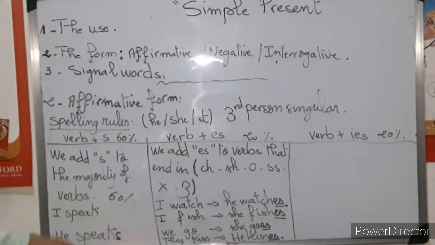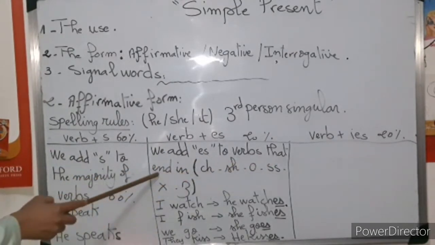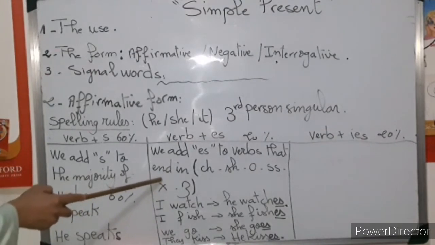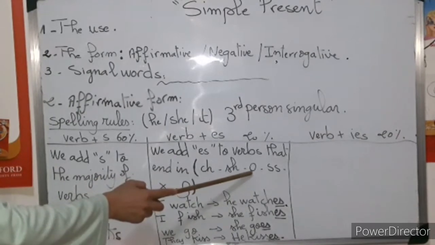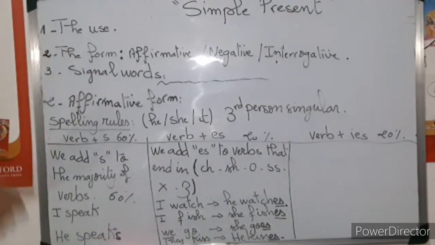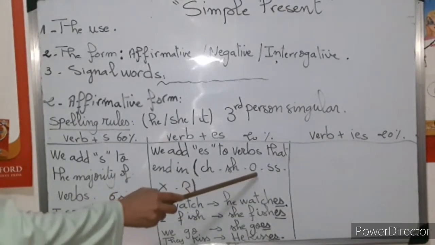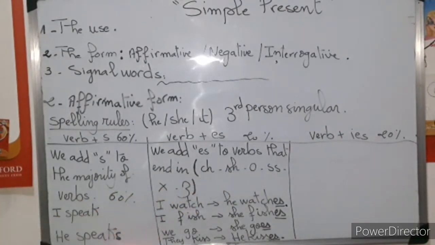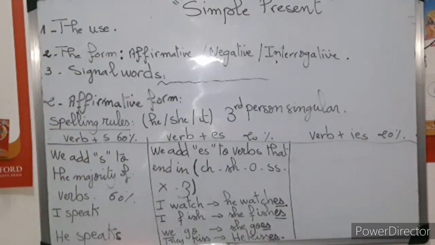Okay, so let's see what kind of verbs we have to add an ES. Okay, so this is the first, let's say, exception. We add ES to verbs that finish in CH, SH, O, double S, X, and Z. Okay, so I repeat, the verbs that finish in these letters, CH, SH, O, double S, X, and Z, here you have to add an ES instead of S. Okay, the answer is quite easy.